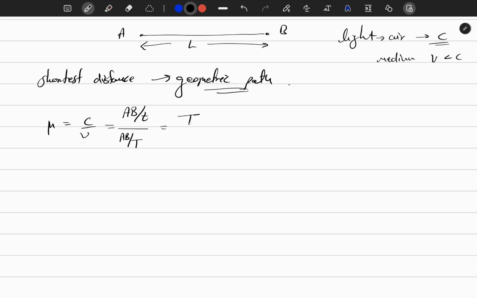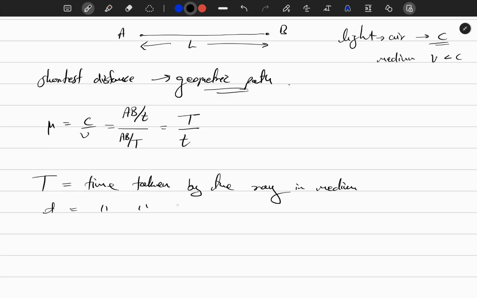So refractive index can also be written as large T divided by small t, where large T is the time taken by the ray in moving from point A to B in the medium, and small t is the time taken by the ray in air.